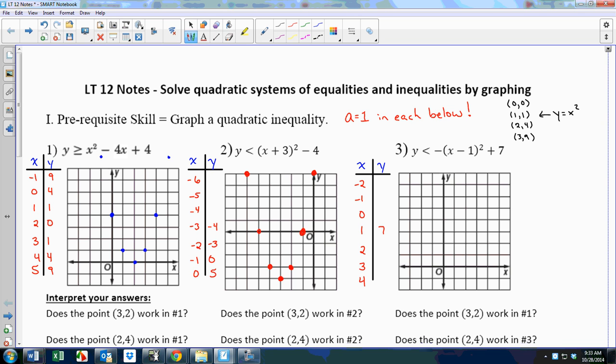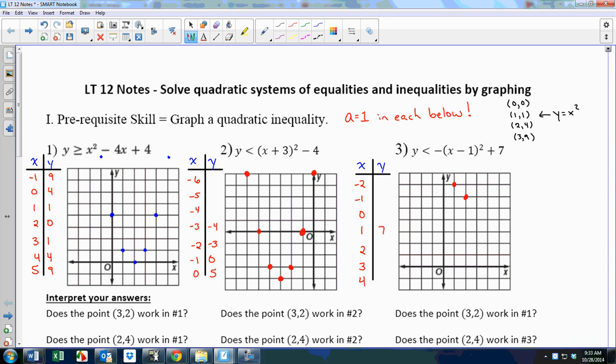Number 3, the a is negative 1. So something a little different changes. In number 3, your vertex moves right 1, up 7. And then instead of graphing 1, 1, 2, 4, 3, 9, it's going to flip upside down. So when you go right 1, go down 1.